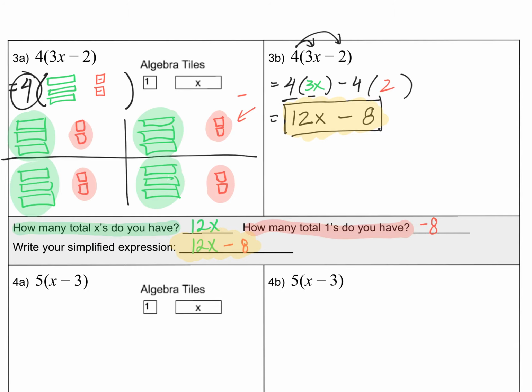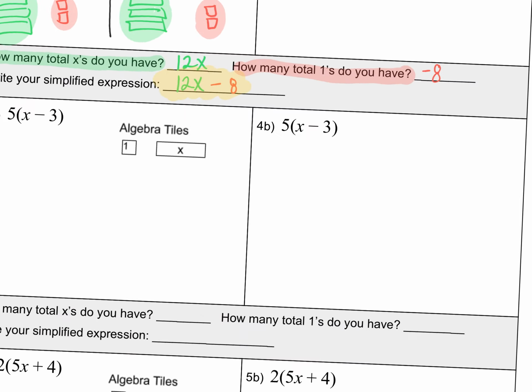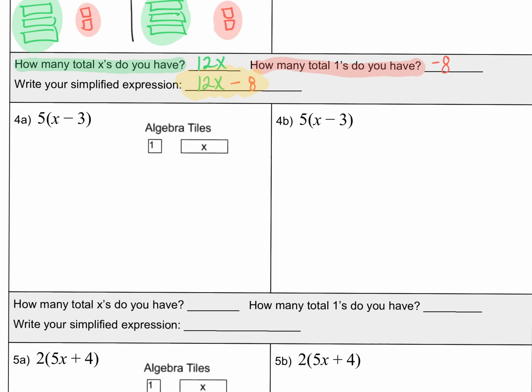Let's also go ahead and do number 4. For number 4, I have 5 times x minus 3. For x minus 3, that is 1 x piece, and then 3 negative 1 pieces.